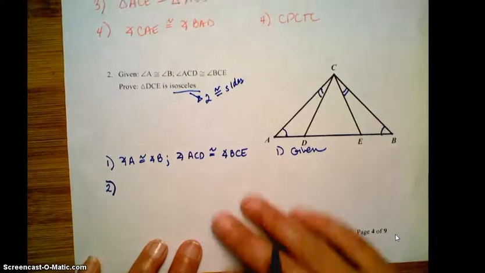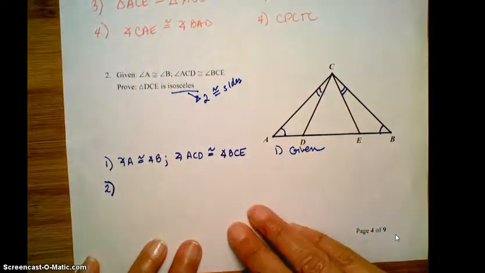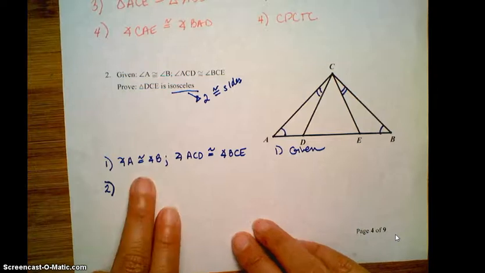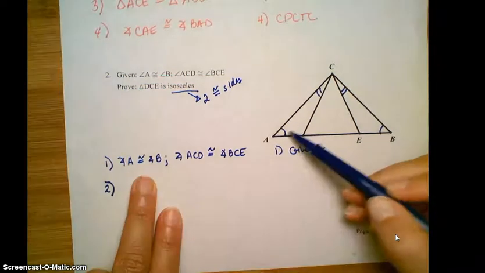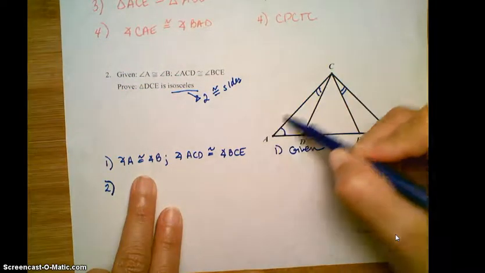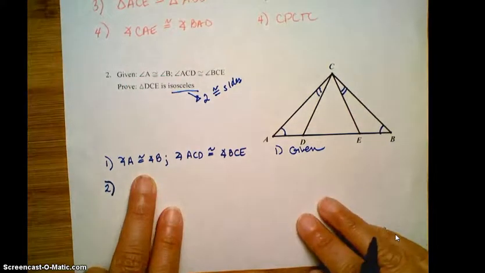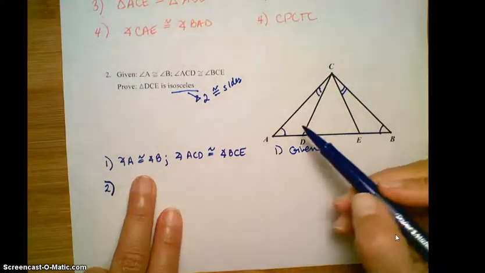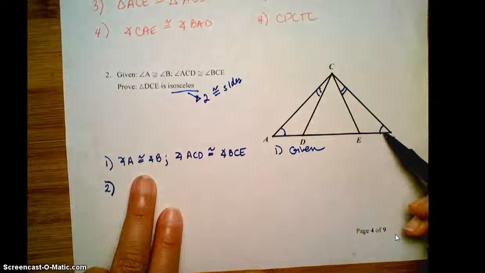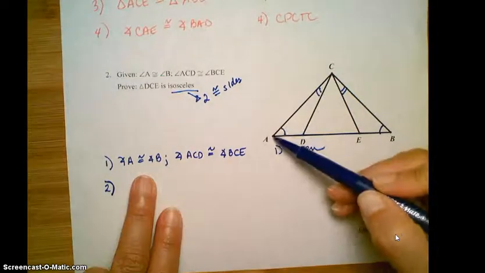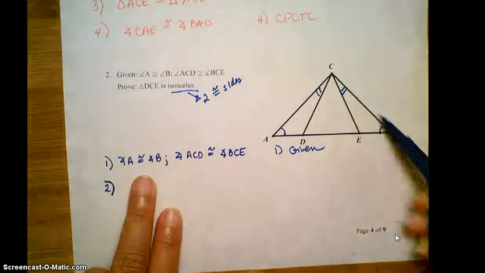At this point, again, you look at your givens and ask yourself, what does that given do for me? If two angles within a single triangle are congruent, the sides opposite them are congruent. So if we look, angle A and angle B are both part of triangle ABC.